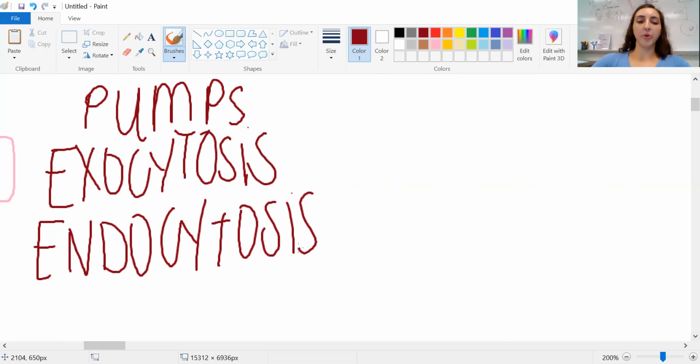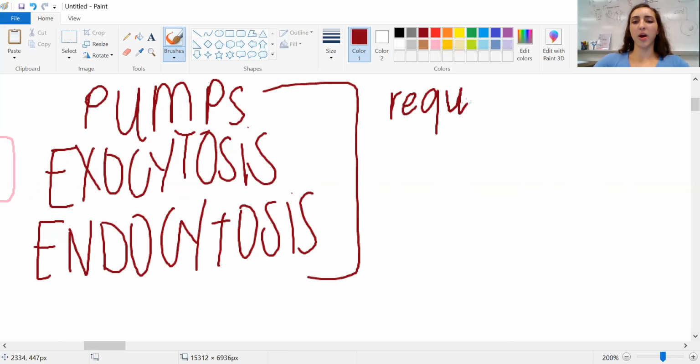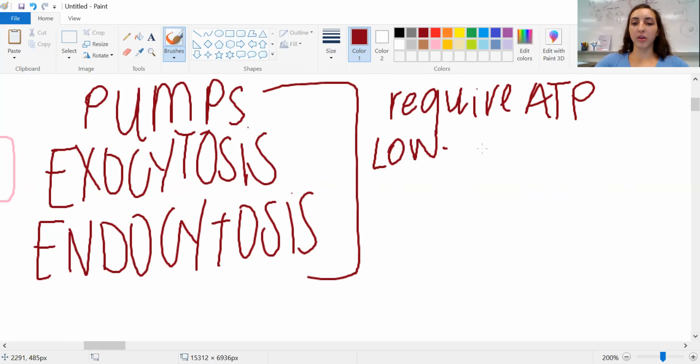All right, so these 3 are similar because they require energy. Why do they require energy? And remember, ATP is energy. They require energy because they're going from low concentration to high concentration. So that's not really favorable.